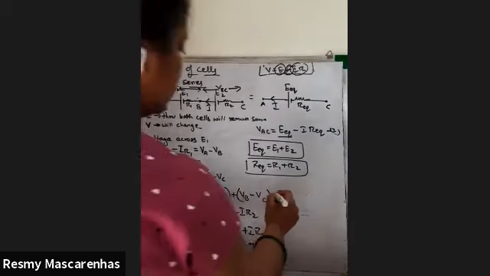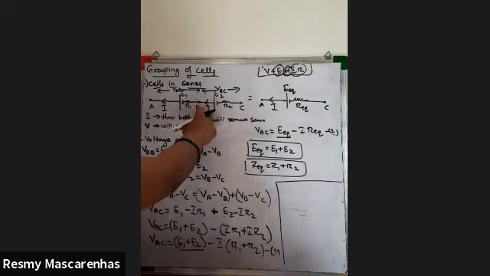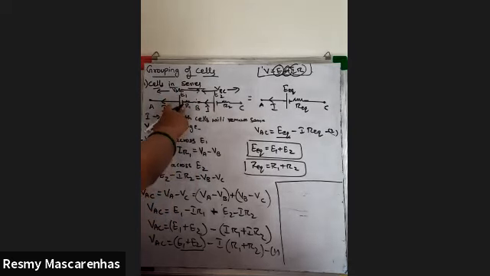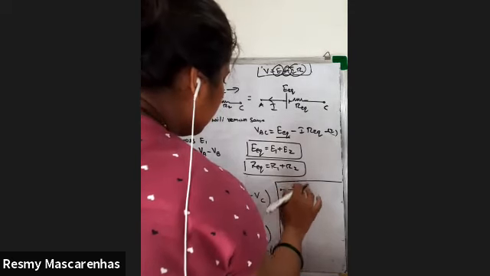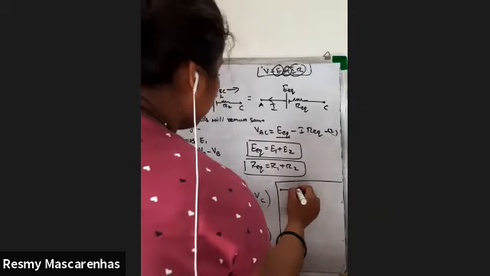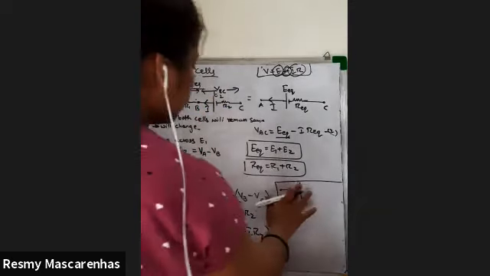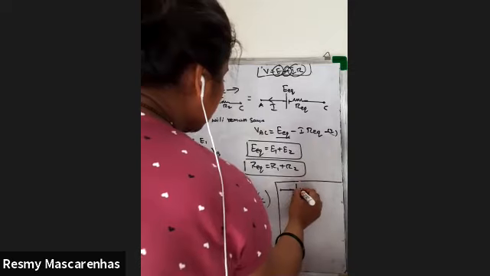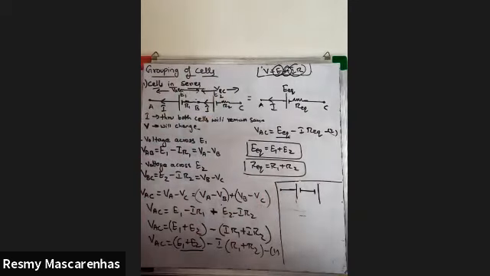Now one thing to note. Suppose the positive potential of the second battery is connected to the negative potential of the first battery, then this is the answer or this is the equation. Now suppose the diagram is like this: negative of the first is connected to negative of the second.